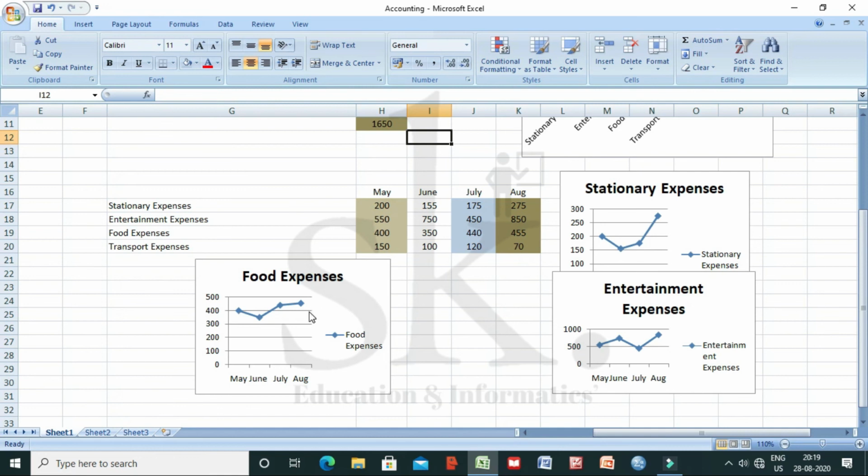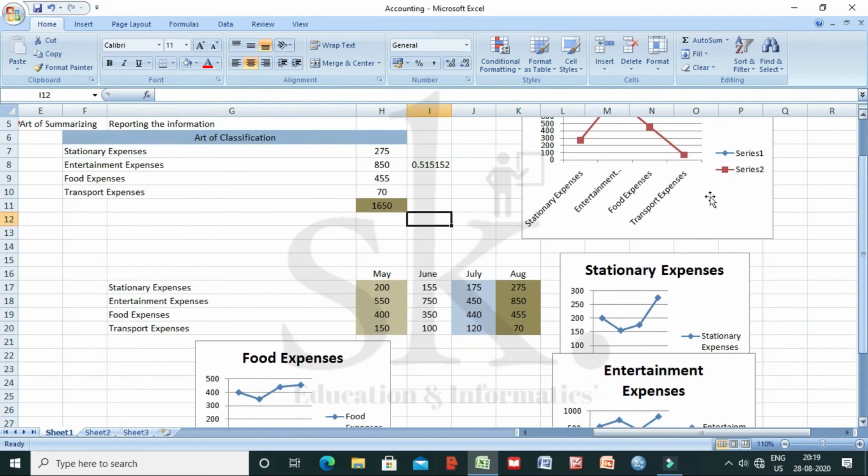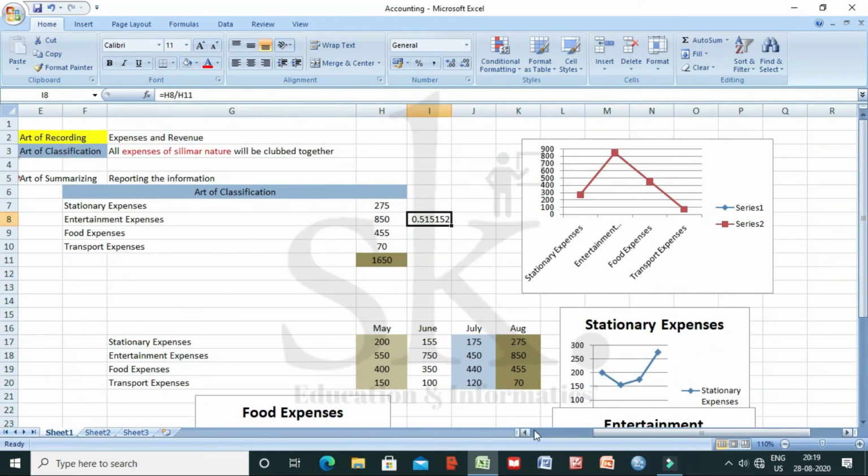Food expenses is a comparatively flat trajectory. But if you see, stationery has gone high, now I understand stationery has gone high because suddenly classes have started in the month of August. But entertainment expenditure is growing high very rapidly. And if you check for the month of August, your entertainment expenditure was 850 rupees, which is almost 52%.